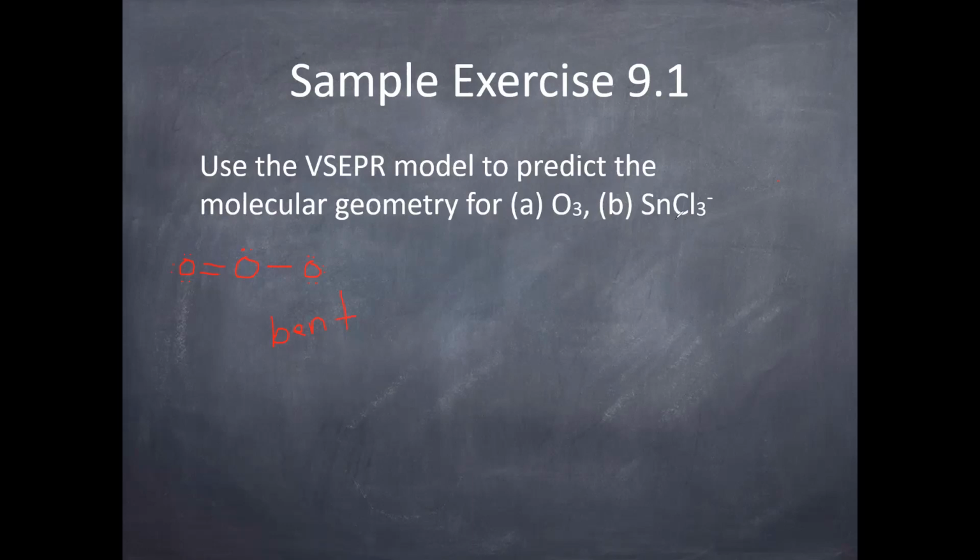And then with the next one, tin chloride, or tin 3 chloride, I should say. What we're going to see is this one will actually work out. We've got 4 electrons coming from tin. We're going to get 21 from the 3 chlorine. And then we're going to get a 1 just from that negative charge. So we'll have 26 electrons in total to work with. So when we look at the central atom here, we're going to put the tin, excuse me, Sn in the center, surrounded by the 3 chlorine.